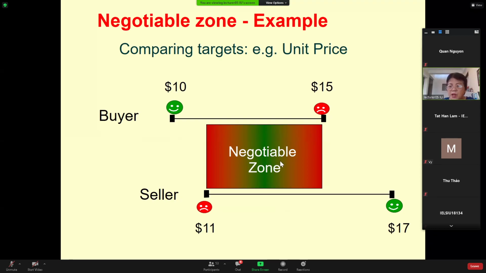It is the negotiable zone. You can buy it at 11, or you can buy it at 15. They can sell it at 12 or 13 or 14, etc. It depends on the result of the negotiation that you are making.